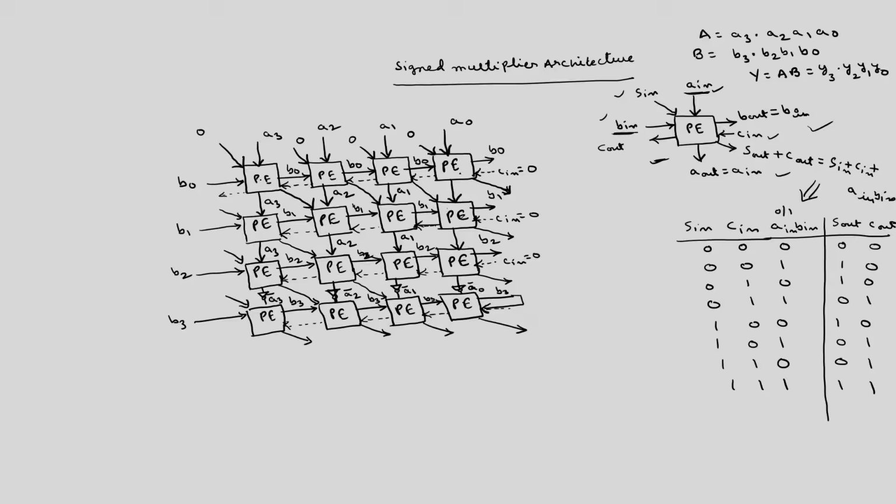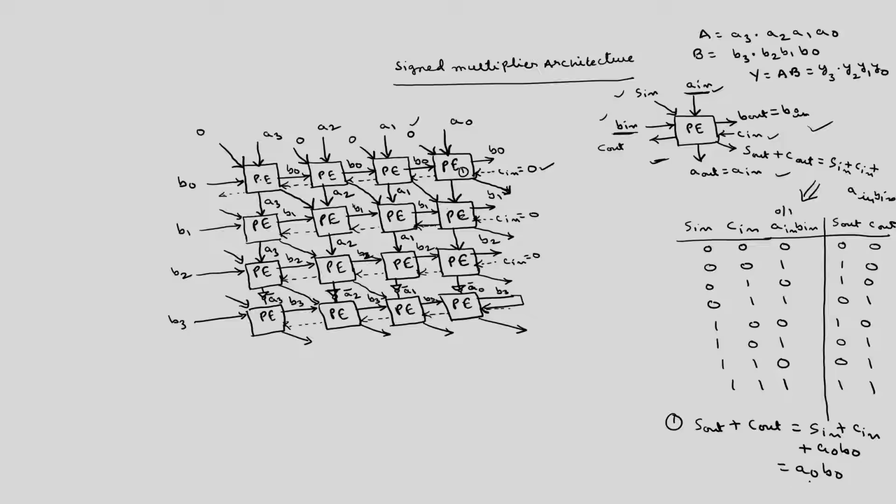If I call this processing element 1, S out plus C out is equal to S in plus C in plus A0, B0, because the inputs are A0, B0. And what is S in? 0. What is C in? 0. So this is simply A0, B0.